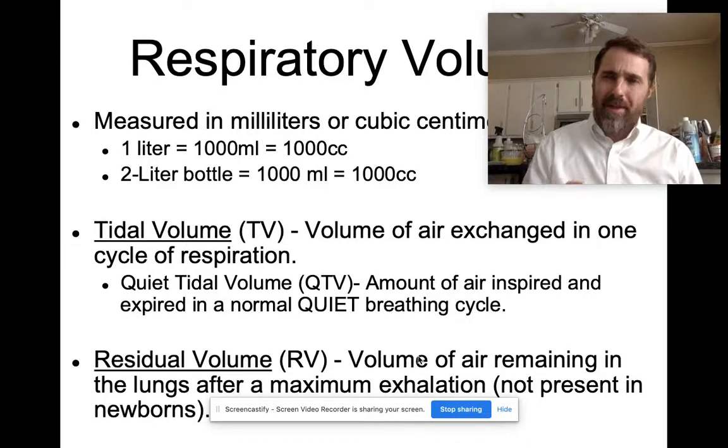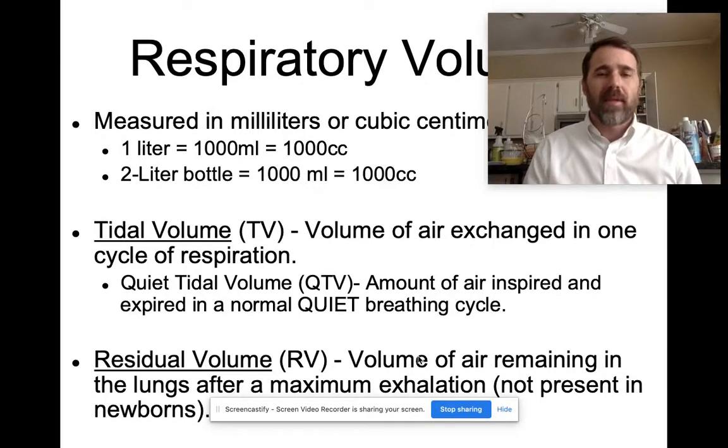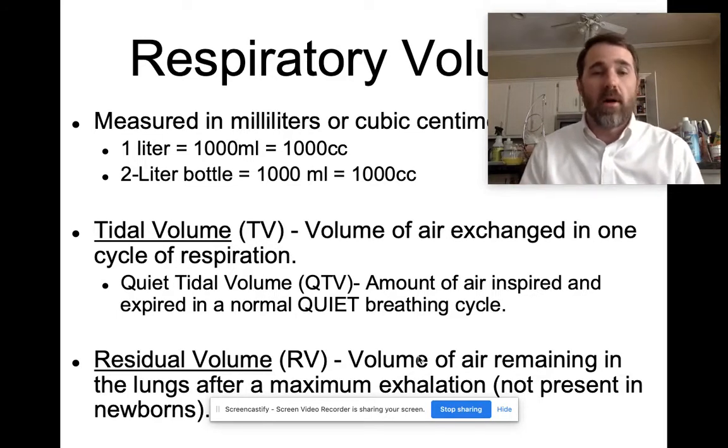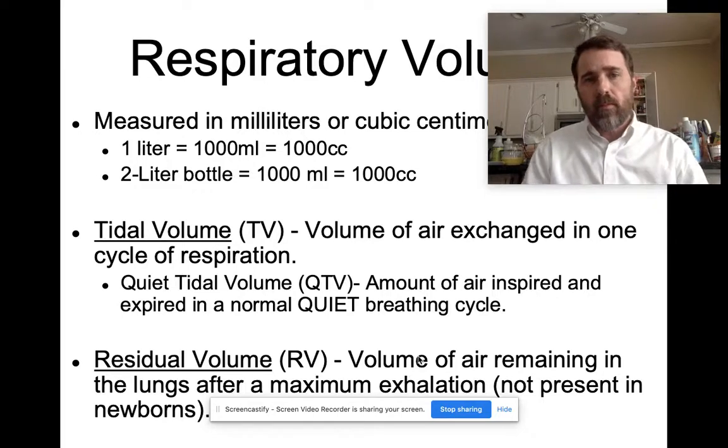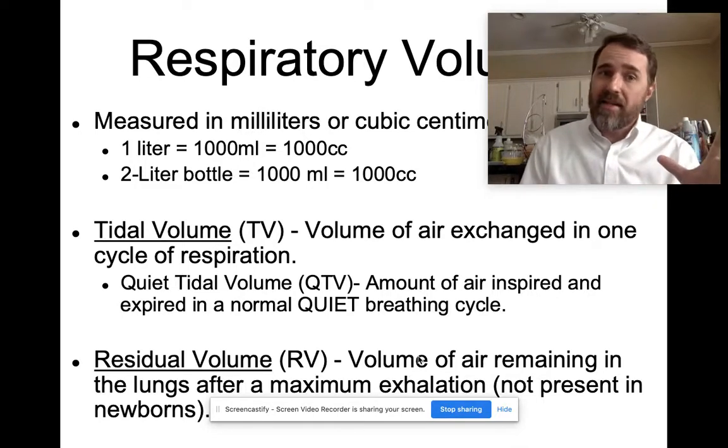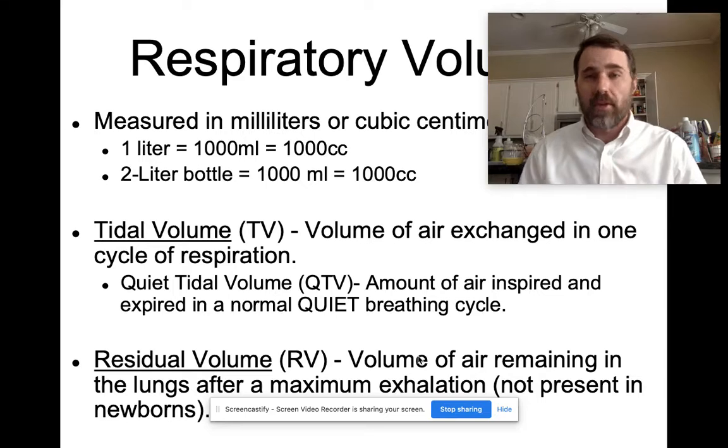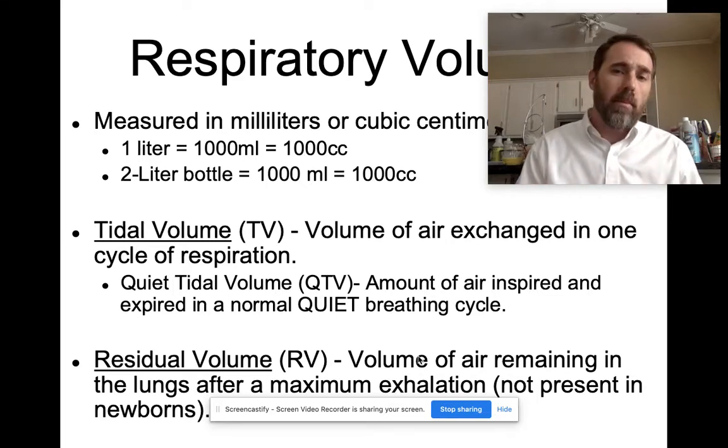So the total amount of air in your lungs can be divided up into 4 individual measurements of volume. And as I said in the last slides, volume is measured in cubic centimeters or milliliters.